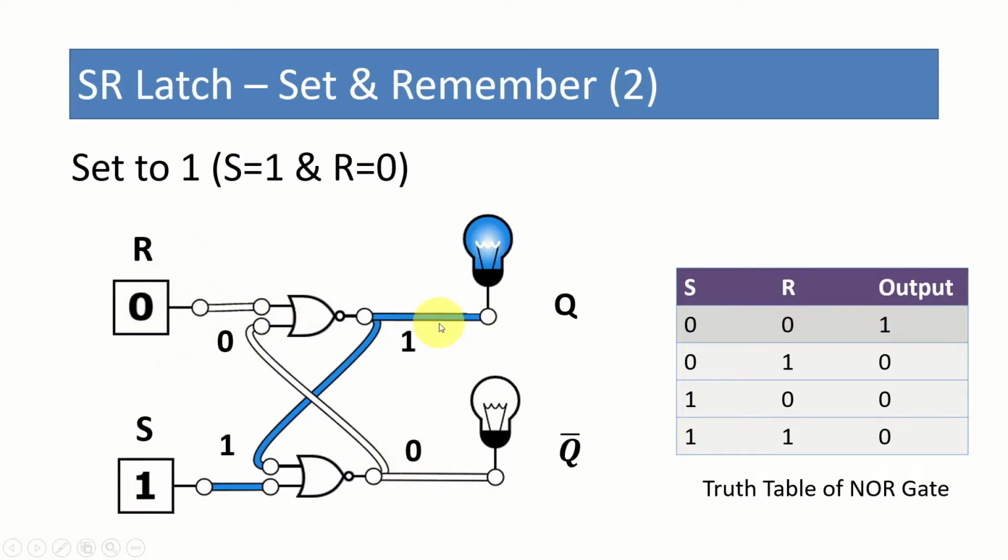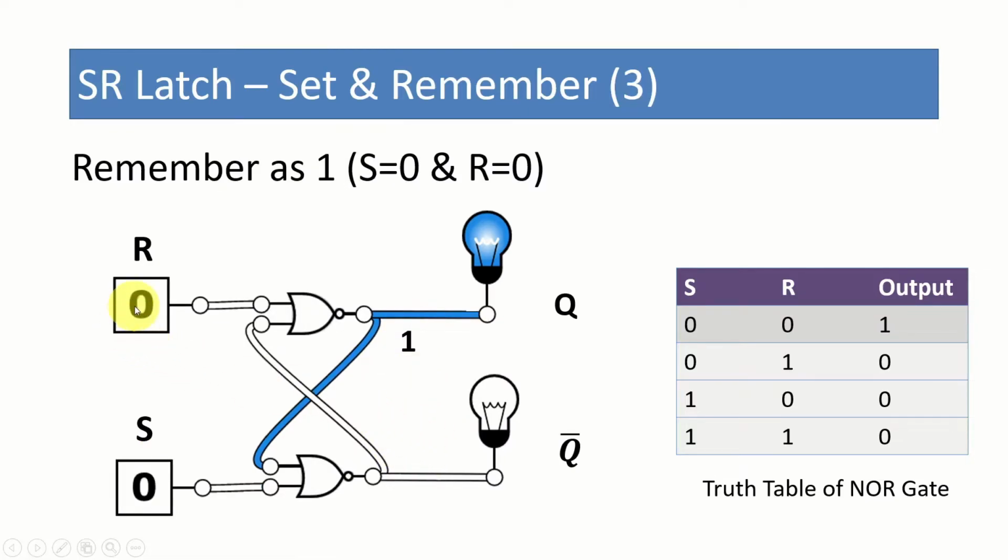So now let's see what happens when we make both R and S 0. By the time, this one is 1 and this one is 0. Right, now we have made both 0 because we want to see whether it can retain it, and by the time this output is 1 and this output is 0. So when this output is 1, it will be fed here. And we know that when at least one input is 1, the output is 0.